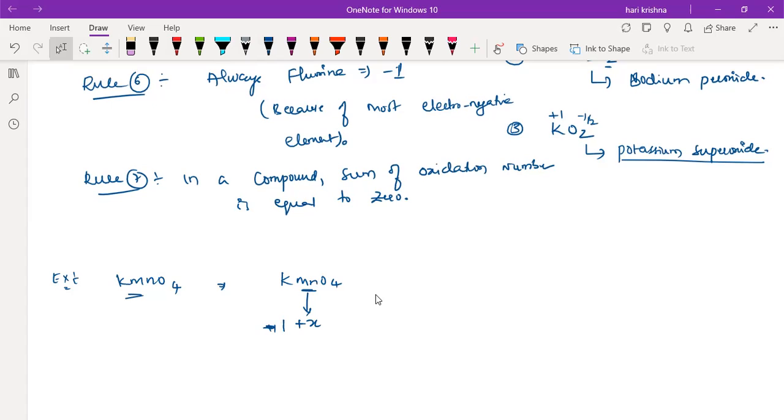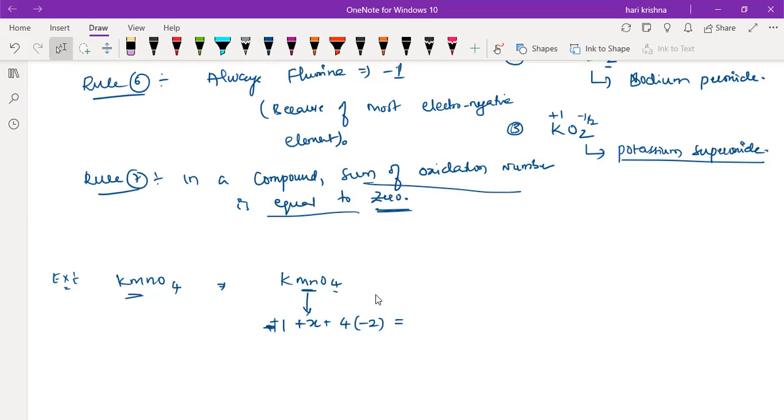Oxygen will show, 4 oxygens are there, each oxygen will show how much? -2. So 1 plus x plus 4 into -2, overall equal to what? In a compound, the sum of oxidation numbers is equal to 0.